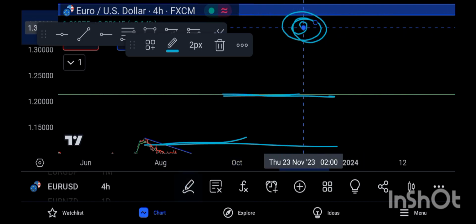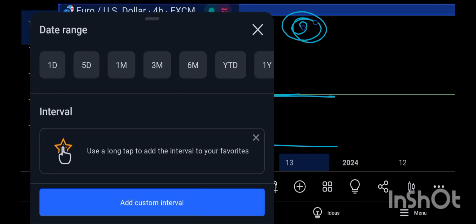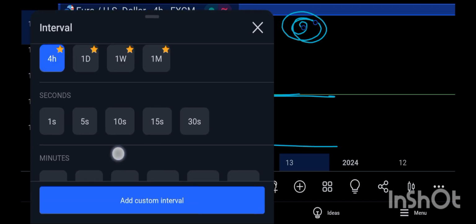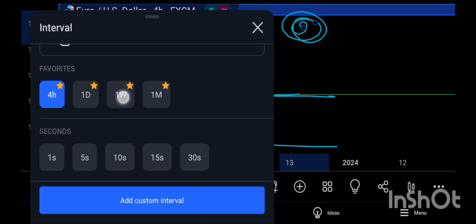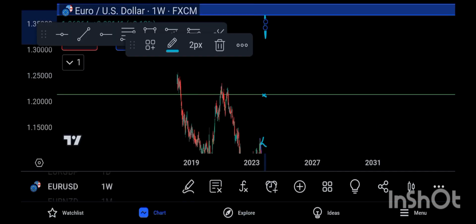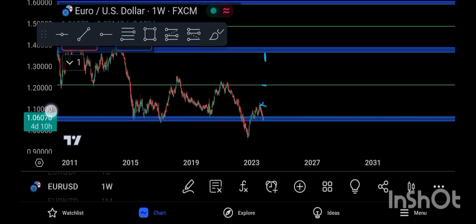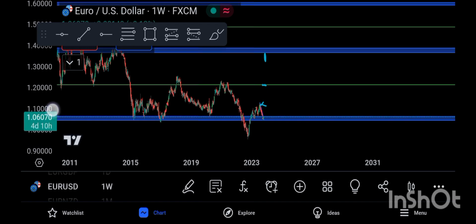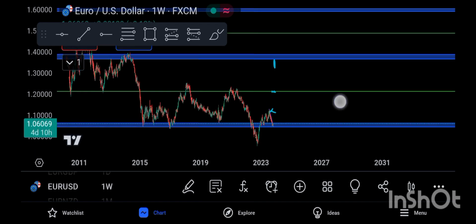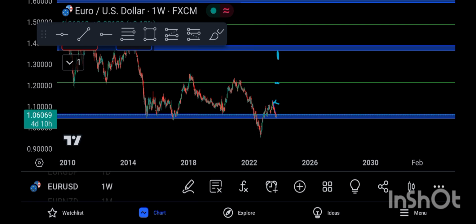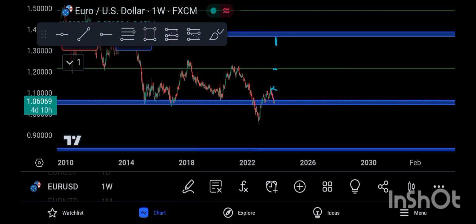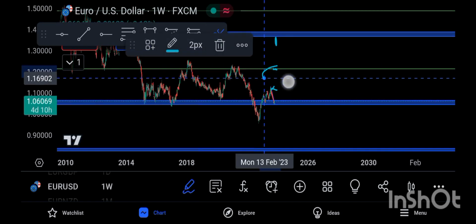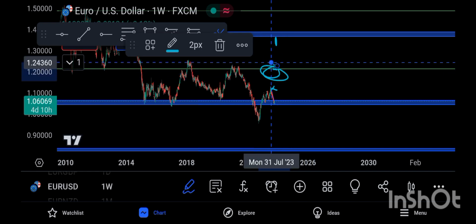But for it to do that, let's see if it's going to alter the trend. Will that alter the trend? Yes, it will. If it breaks this level, it's going to alter the trend, right?